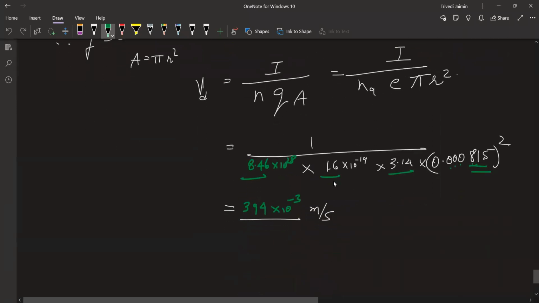Okay, you have done this one by one, divide by whatever xyz value into 10 to the power minus 3. So this will become 10 to the power 3.